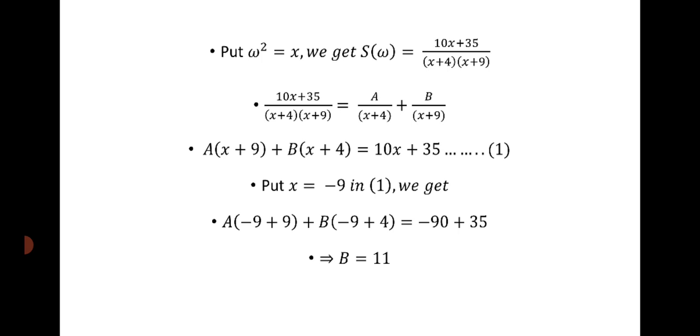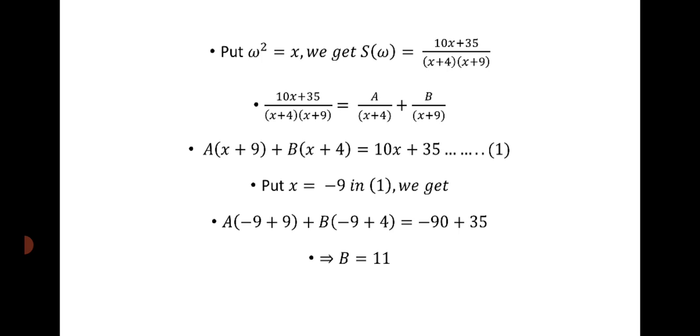By using the partial fraction, we split it into two terms, that is A by x plus 4 plus B by x plus 9. By using the cross multiplication, we'll get A into x plus 9 plus B into x plus 4, that is equal to 10x plus 35. We mark this as equation number 1.